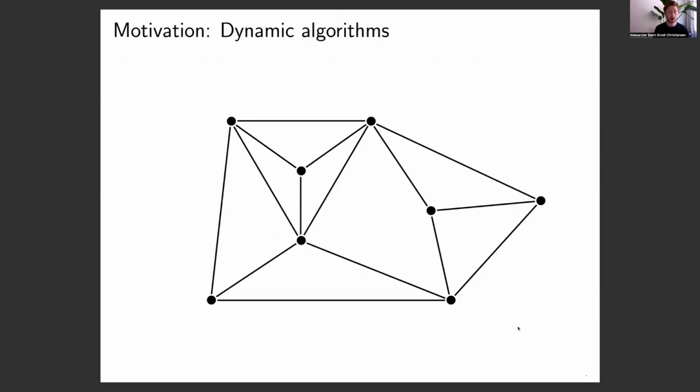And let's see why it might be relevant to study small augmenting subgraphs from an algorithmic point of view. So for instance, one thing is dynamic algorithms. Here you have some graph, and you're interested in maintaining some structure, let's say an edge coloring of said graph, but edges might be inserted or deleted, and you want to then update your coloring, right?